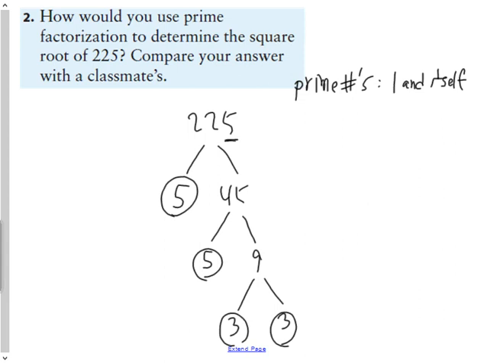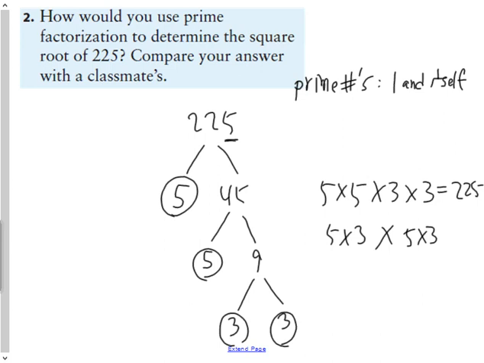And when we analyze that, we have 4 prime factors. We have 2 5s and 2 3s. So 5 times 5 times 3 times 3 will give us 225. But because of the associative property of mathematics, we can rearrange those. And we can arrange them into 2 equal groups of 5 times 3 times 5 times 3 is also 225.